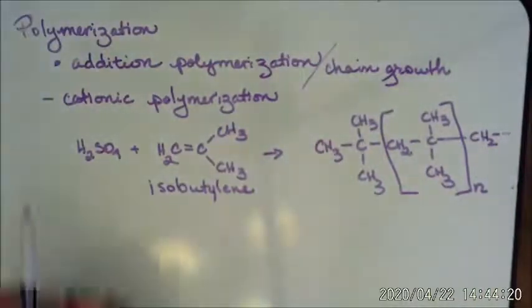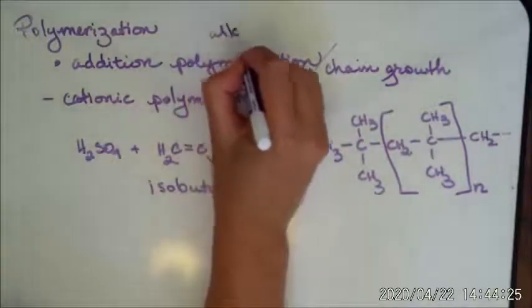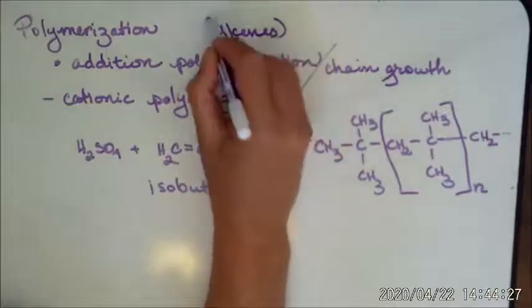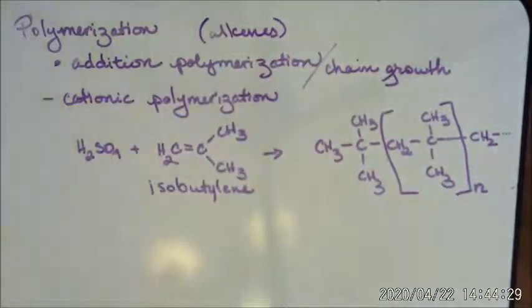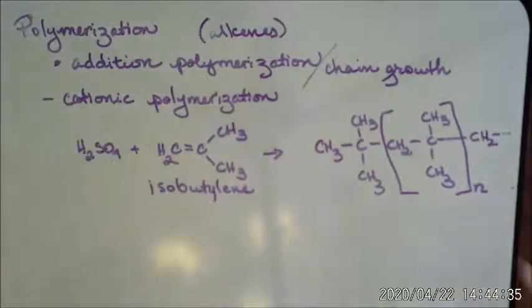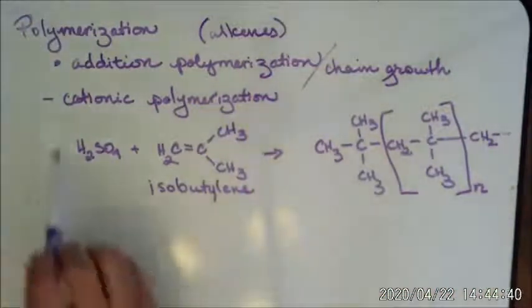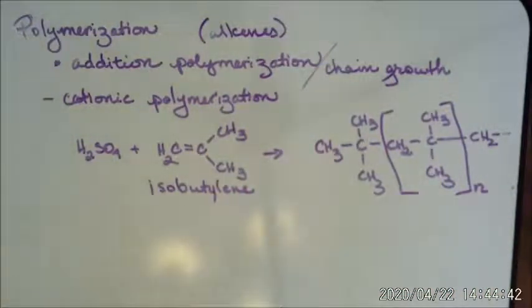Now, when we talk about polymerization for alkenes, alkenes tend to undergo what we call addition polymerization, or chain growth polymerization. And what you're doing is you start off with your unit, you just add on one at a time. There are 2 types that we're going to talk about: cationic polymerization and then free radical polymerization.